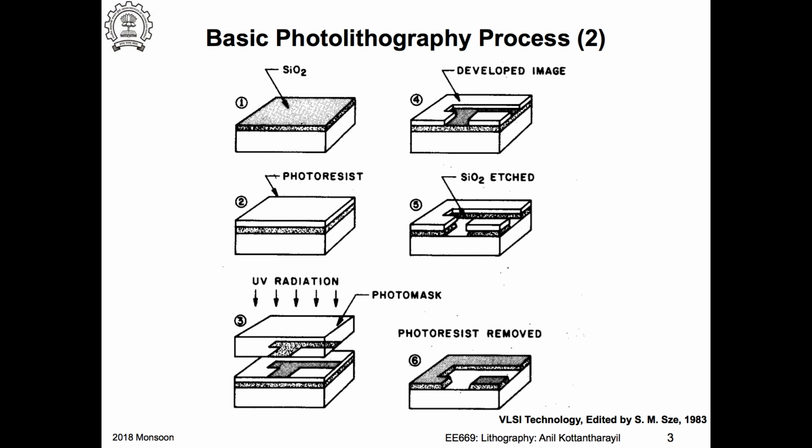You are talking about very small features that you want to print here. We'll see some implications of this in the coming slides when we define the basic parameters of lithography.